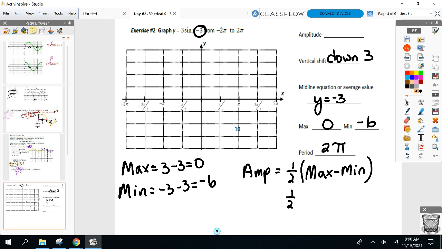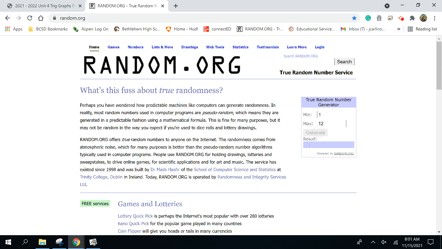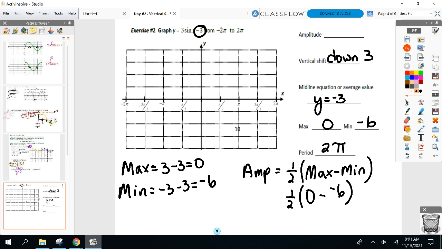One half, 0 minus negative 6. What is your amplitude here? Amplitude 3. Yep.